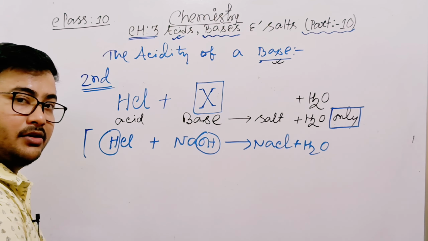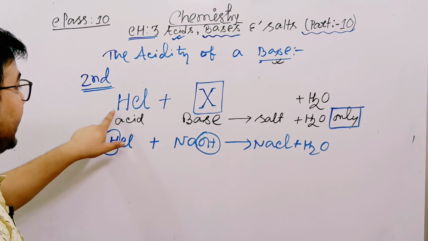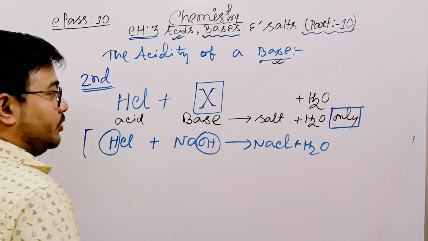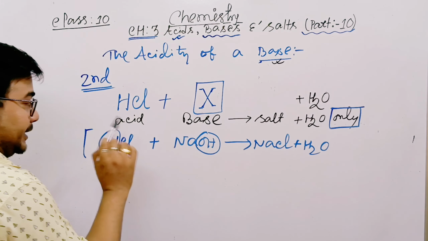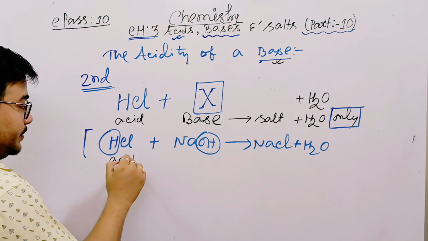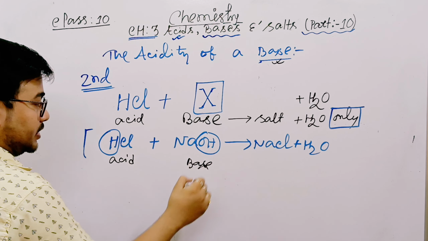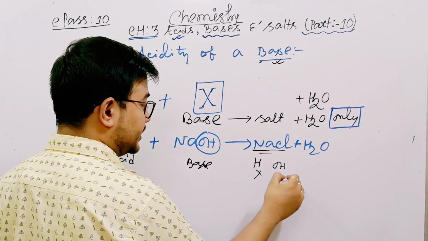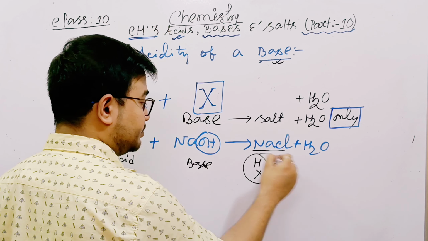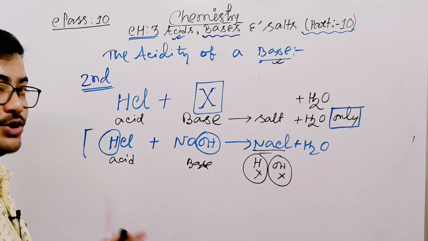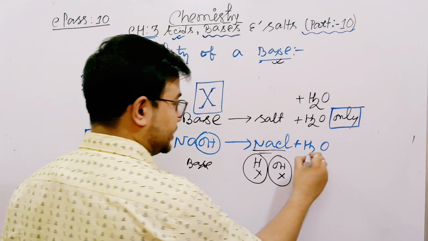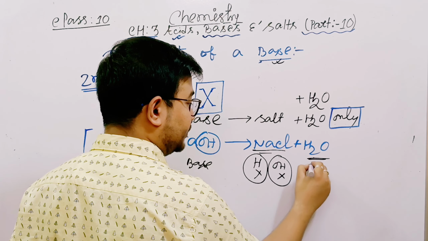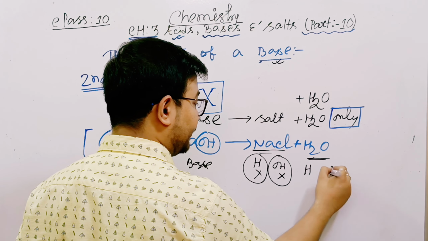Here only one. Okay, here only one H atom is present. So see, when acid and bases react, there is no H, there is no OH. H means acid, OH means bases. There is no H and no OH. But in water, see, if you cleave it, it will form H and OH, no?